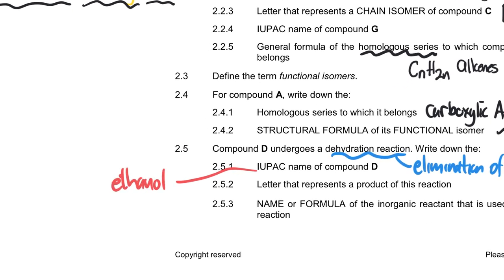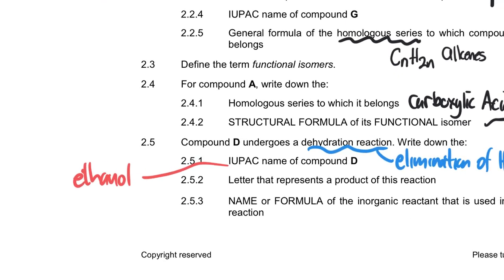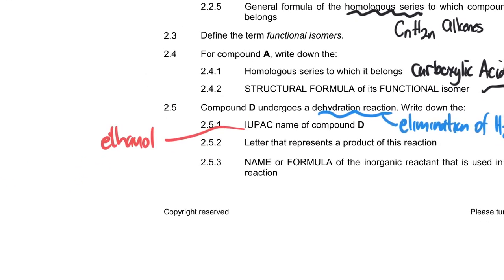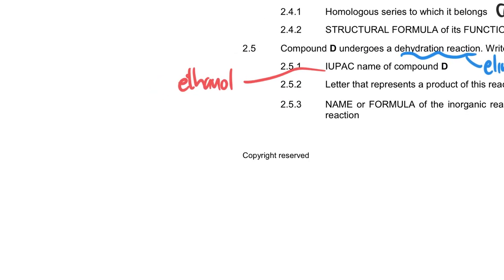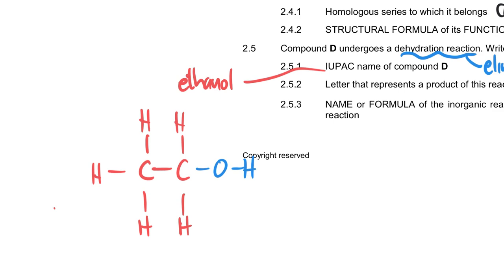And then the letter that represents a product of this reaction. I don't want to go into too much detail, but if someone is in matric and they are looking at this video, then they should understand this. We have got an ethanol molecule, and there is the hydroxyl group that makes it an alcohol.